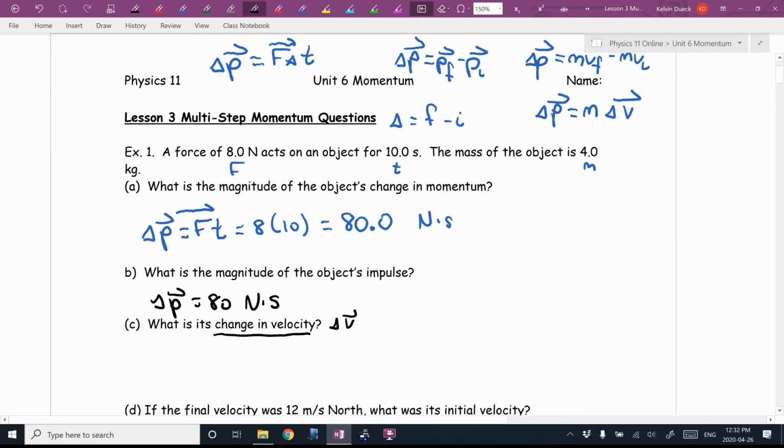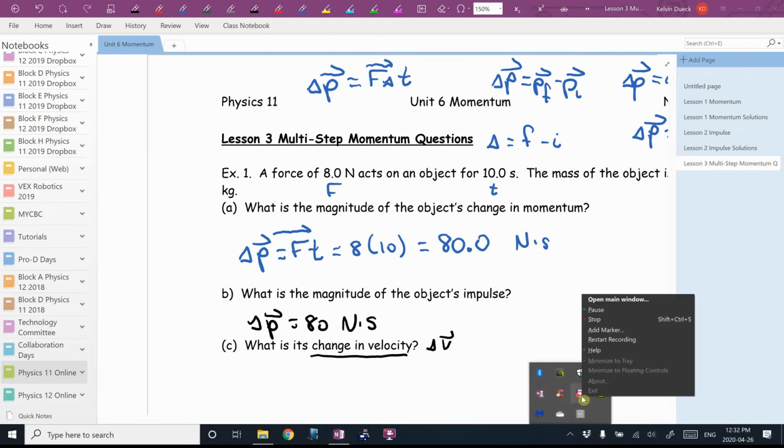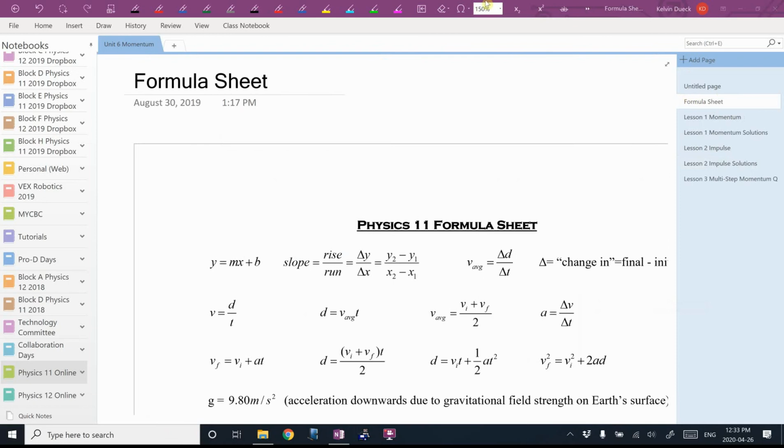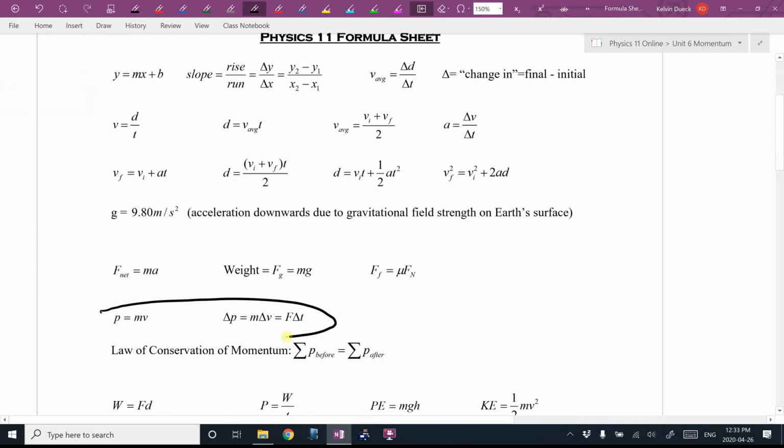Now, by the way, I should point out on your formula sheet, really what we're using here, I haven't copied your formula sheet here yet. Let me pause the video for just a second. Jump to here. On your formula sheet, what we're using right now is this row right here, and this is the impulse equation.